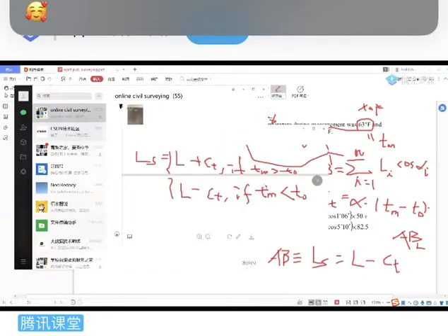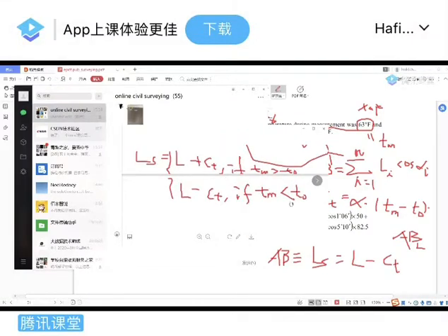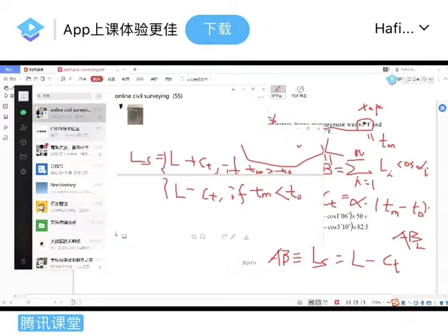When Tm is smaller than T naught, now T naught is 85 degrees. The Tm is 63 Fahrenheit. So it's smaller than the typical one. So the tape is a shortened one. The measurement is supposed to be made with a long tape, so it is supposed to shorten. So L minus CT. This will be the result.